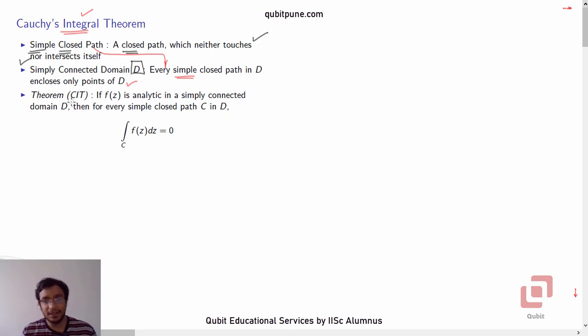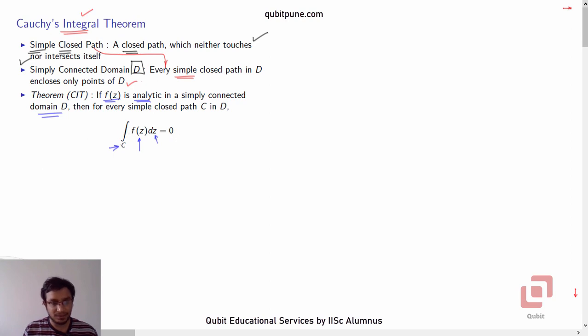CIT. The statement is, if the function f is analytic in a simply connected domain D, then for every simple closed path C in D, the line integral of the function f with respect to z taken along the curve C is 0.